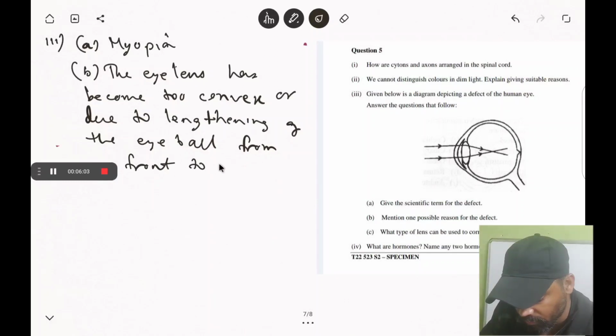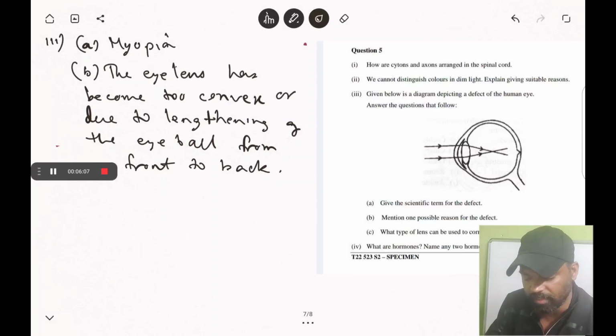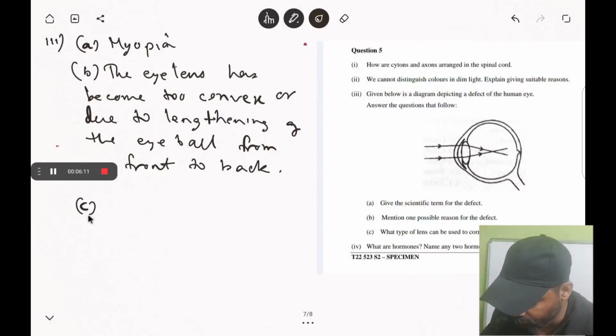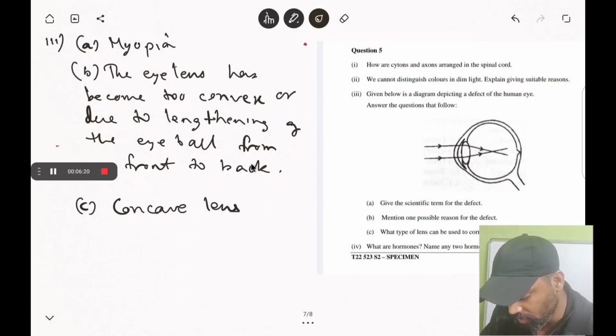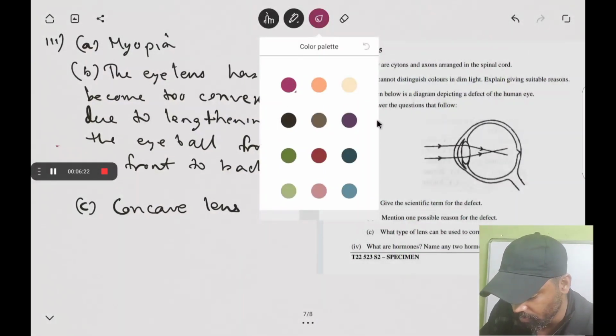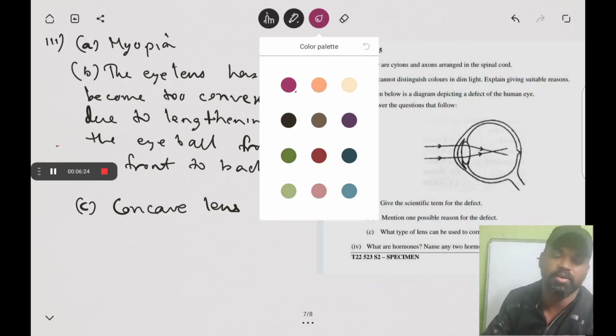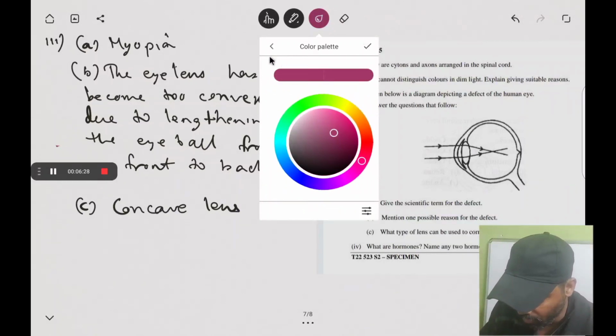These are the two reasons, front to back. Yes or no? That is why we suffer from myopia. Number C. What type of lens can be used to correct the defect? We use concave lens. Done. This was pretty easy. Myopia, hypermetropia, these are all important. Hypermetropia, okay?